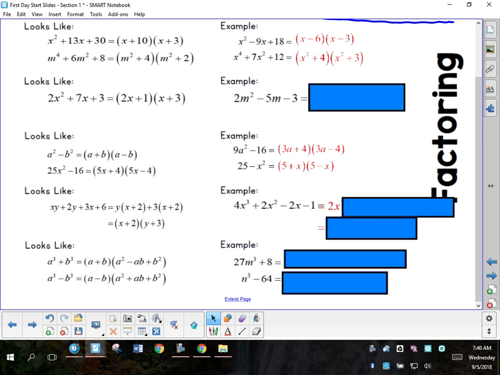Hands up, please, when you can tell me what binomial I'm left with when I take that 2x squared out from both of those first 2 terms. We're left with the quantity of 2x plus 1. When you're out of Spry and you want to say parentheses, we say the quantity of. Now, look at the second group, and this is where you've got to make sure you're thinking.